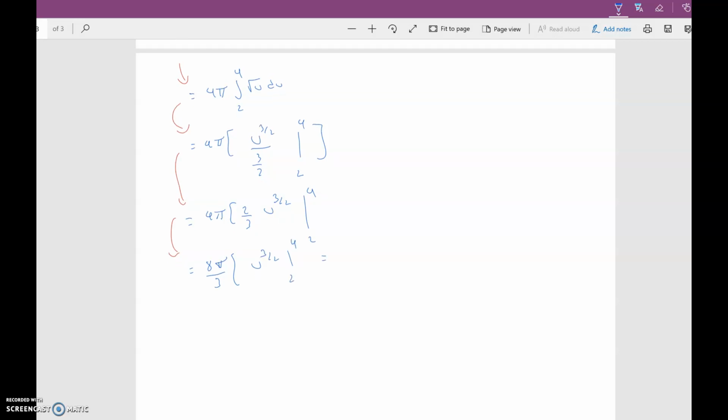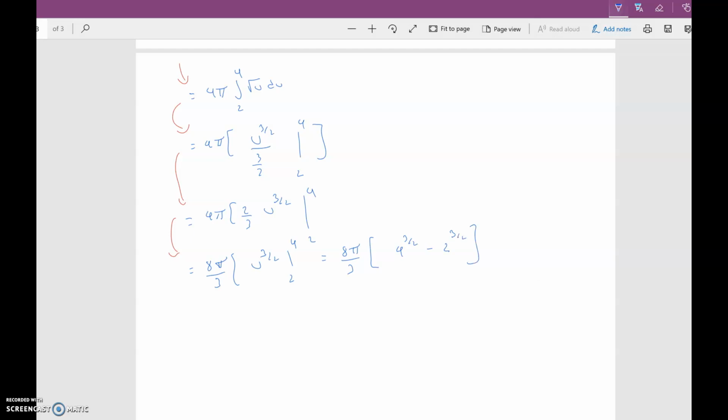So let me go in this direction because I'm running out of space. So this will be 8 pi over 3 times, well, technically 4 raised to the 3 halves minus 2 raised to the 3 halves.